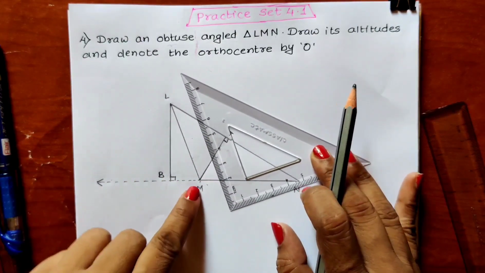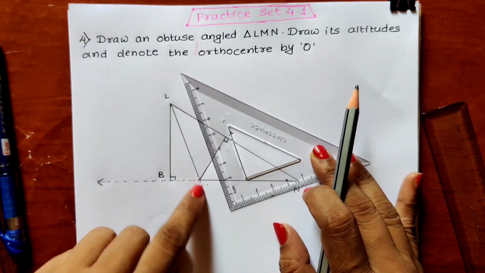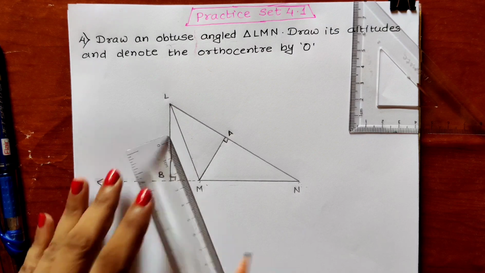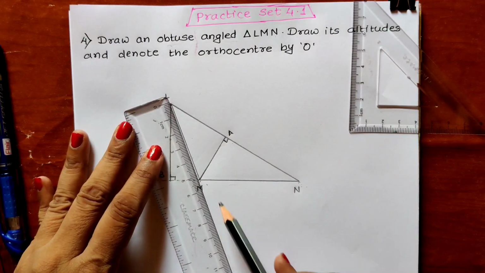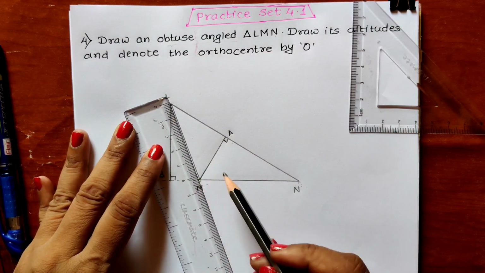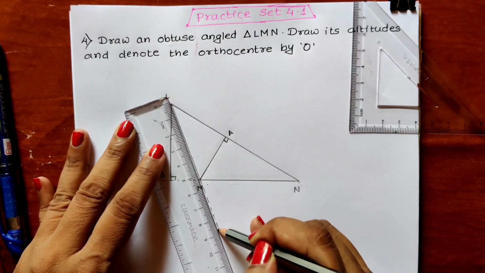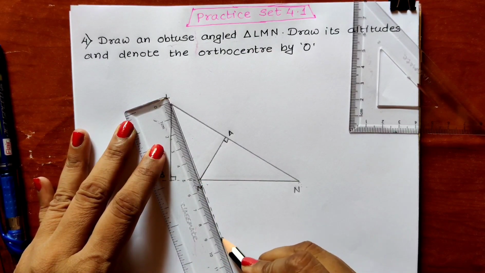But side LM ends here. So we have to extend this side in the downward direction. Let us first extend and then we can draw the third altitude, which will again be in the exterior of the triangle. So in this way we have to extend it with a dotted line.